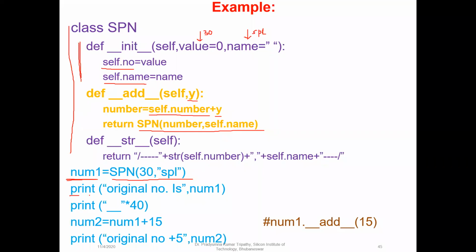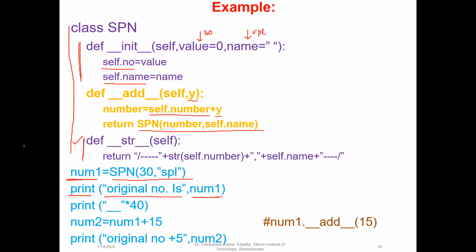Now if I print, original number is norm1. So I am printing norm1. Norm1 is an object. So once you give print norm1, it will invoke the __str__ method.